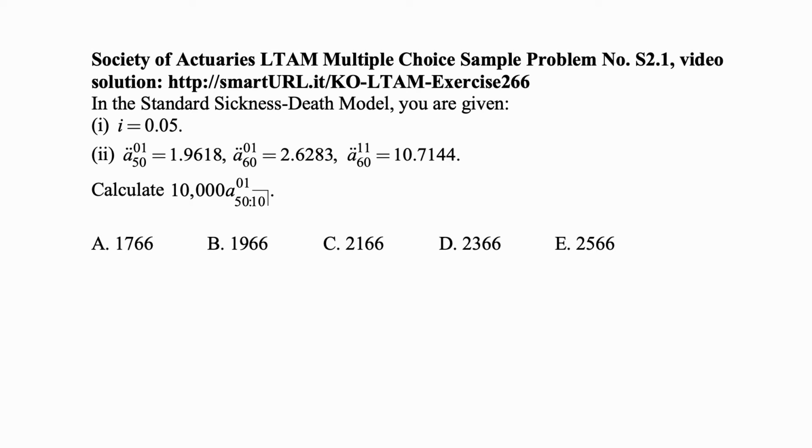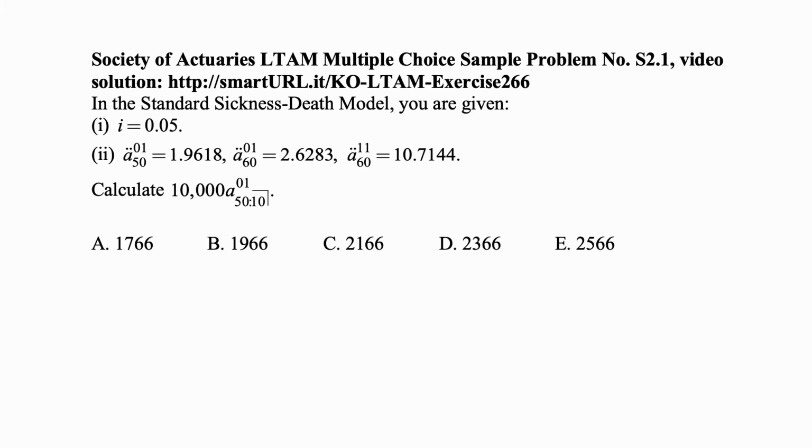And then ä_60^{11} is 10.7144, and here the 60-year-old starts out in state 1, and then the annuity is paid while this person is in state 1.